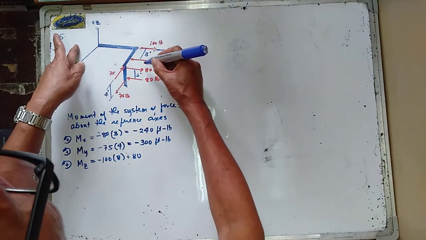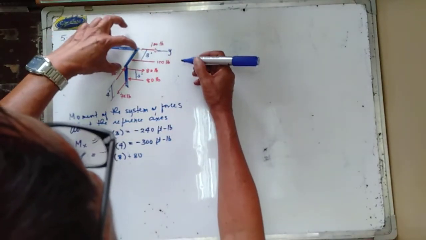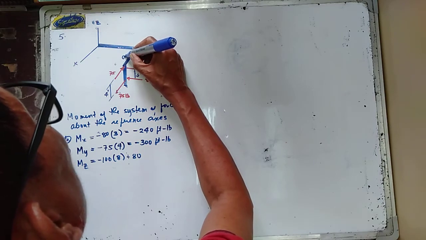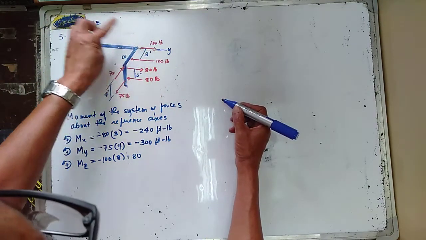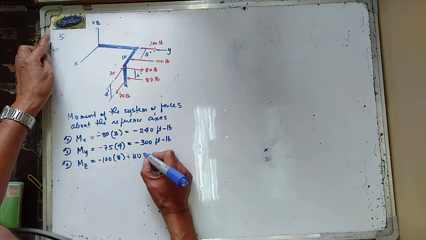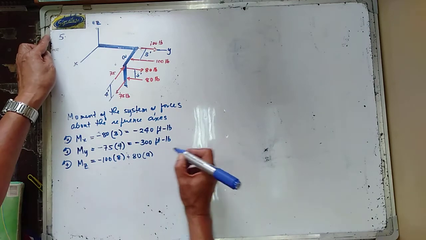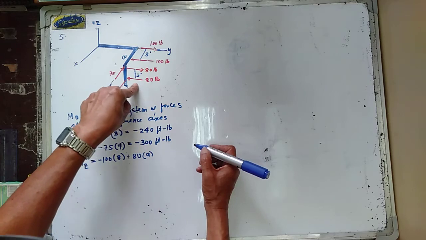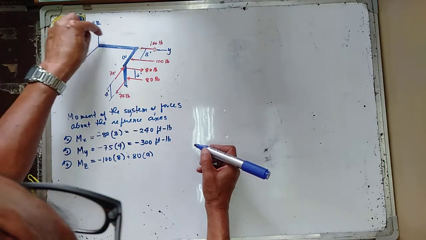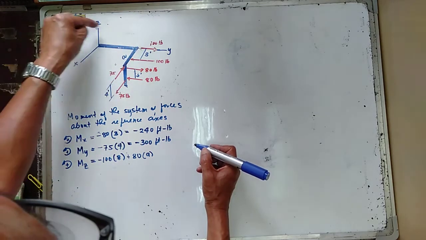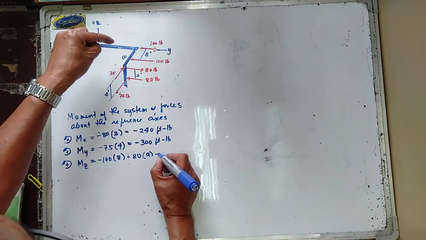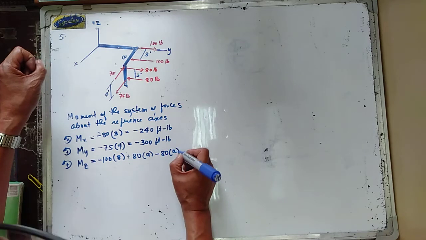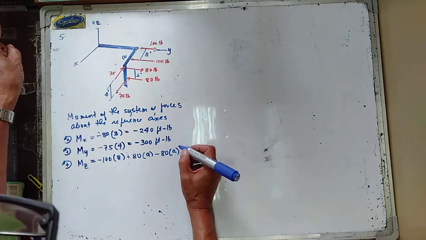I'm going to consider that this distance is A. Multiply by A. Now, this other 80 has a clockwise moment about the z-axis, so we have negative 80, multiplied by A.